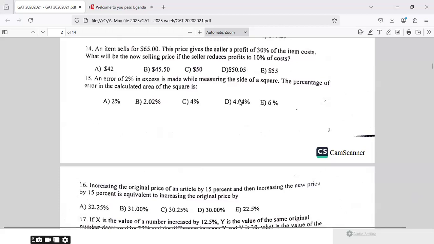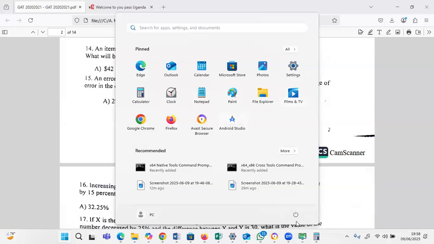All right. Now, what we are going to do is first get the total original cost of everything, before getting that profit. This is what we are going to do.